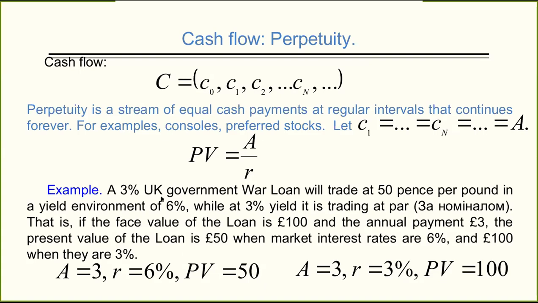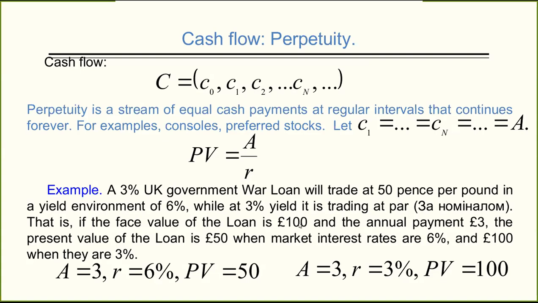A 3% UK government perpetual bond will trade at 50 pence per pound in a yield environment of 6%. You see, while at a 3% yield it's trading at par, translated as the nominal.